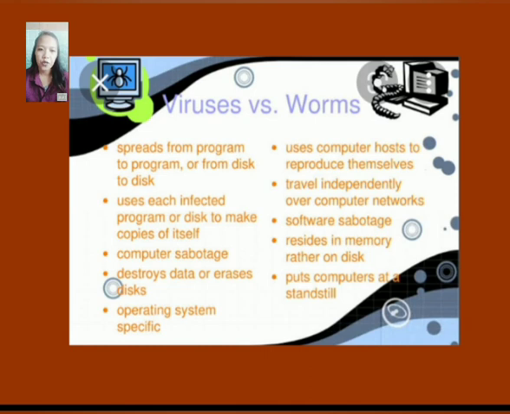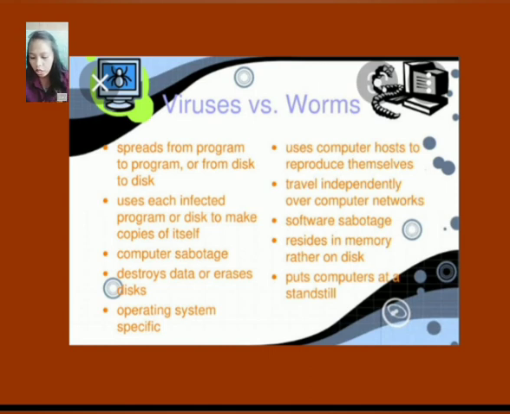Viruses versus worms. A virus spreads from program to program or from disk to disk, while a worm uses computer hosts to reproduce itself. A virus uses each infected program or disk to make copies of itself, while worms travel independently over computer networks.